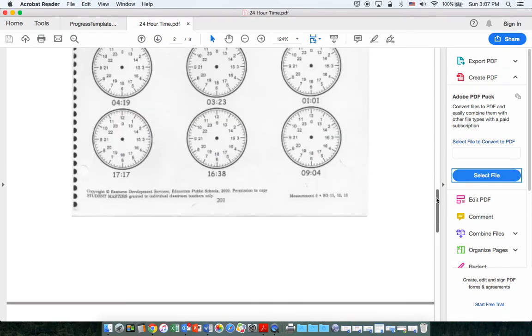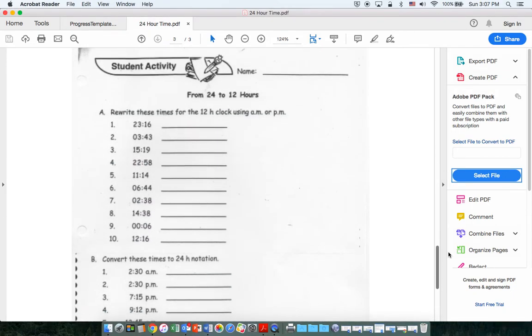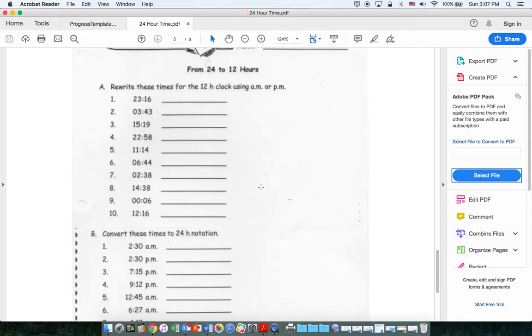Let's take a look at another one. Now they want us to rewrite these times for the 12-hour clock using AM or PM. The first thing I need to ask you is, here's 23:16. My question here is, how do I turn this into a 12-hour time? Well, first of all, I have to ask myself, is it AM or PM? 23 is greater than 12, so it means this has to be a PM time.